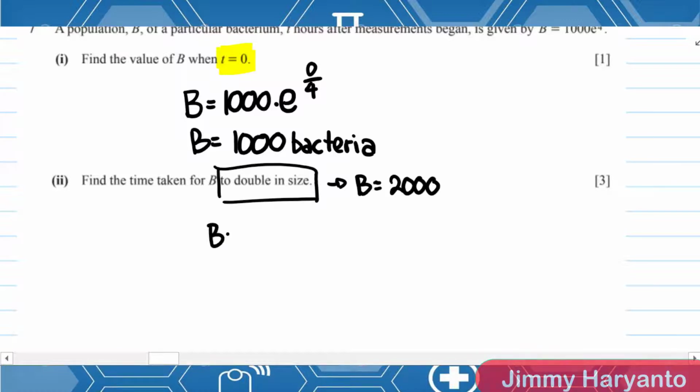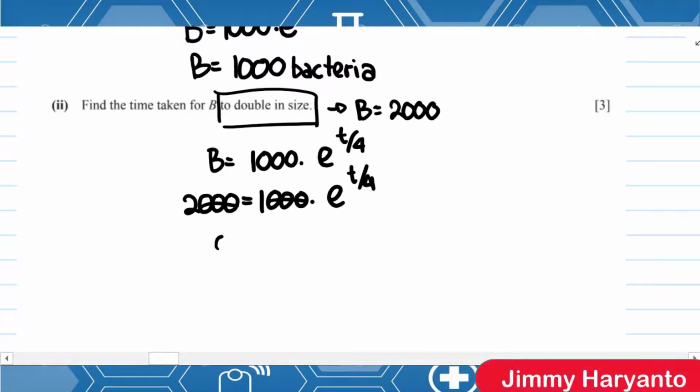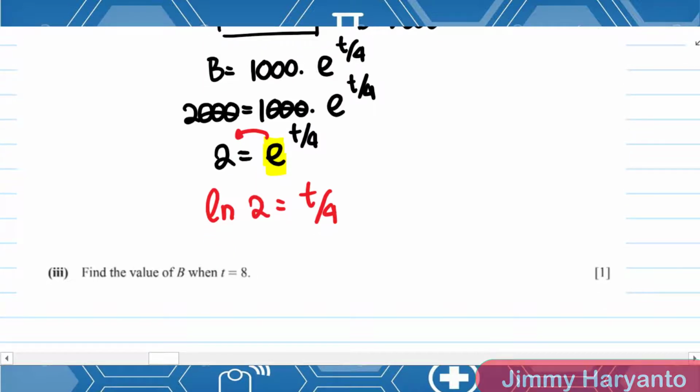Okay, so let's rewrite the formula one more time. 2000 equals 1000 times e to the power of t over 4. You can cross out the 0s: 2 equals e to the power of t over 4. You can move the e to the left side, it will be ln. ln 2 equals t over 4.